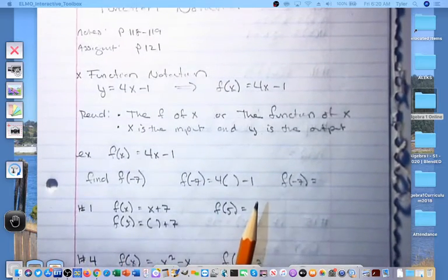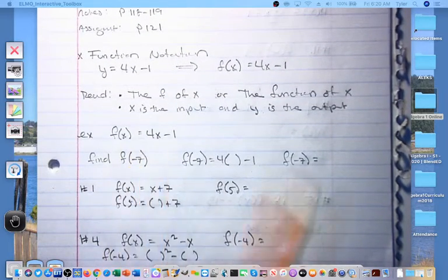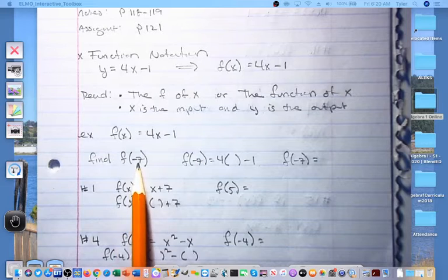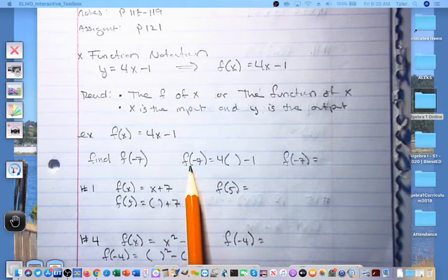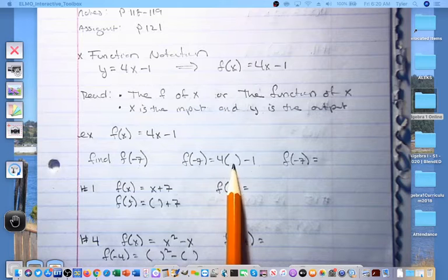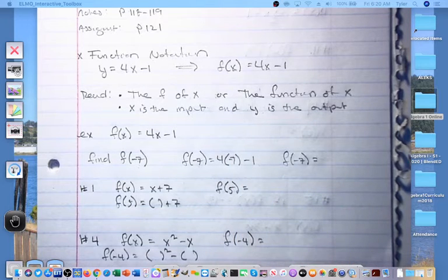So let's take a look at what they do. Here is that same function written as the f of x is equal to 4x minus 1. They have asked us to find the f of negative 7. So they've told us a single input that they want us to put into this function, and that's what we're going to do. So here we have the f of negative 7 is equal to 4 times, this is where we're going to place our input of negative 7, minus 1.